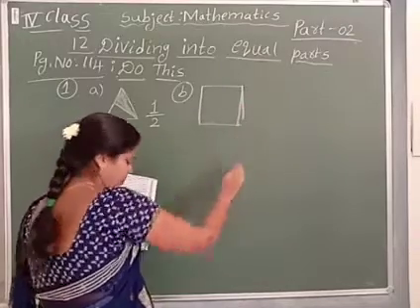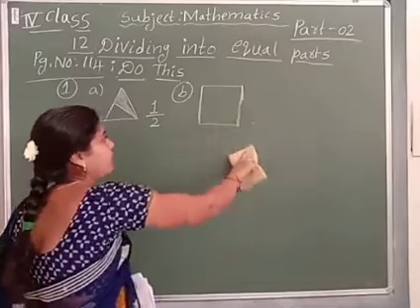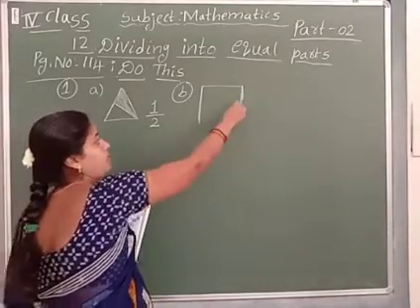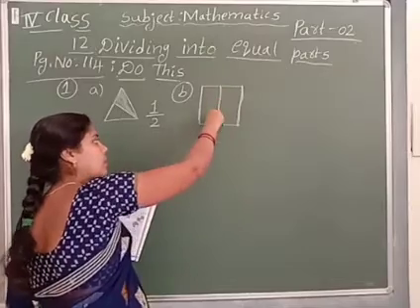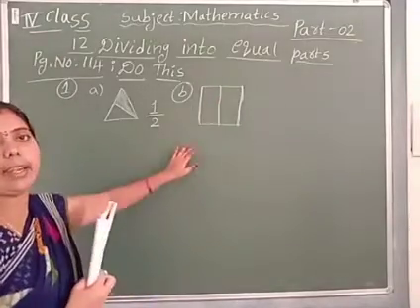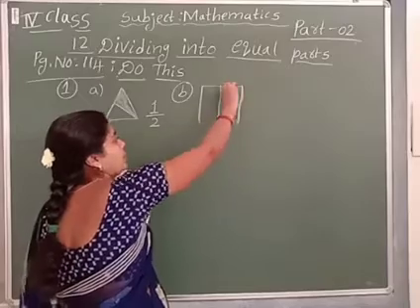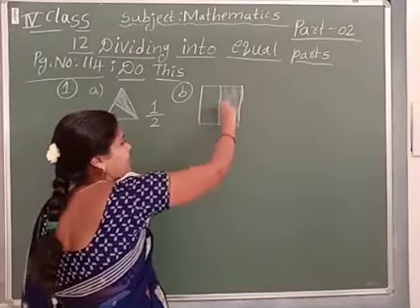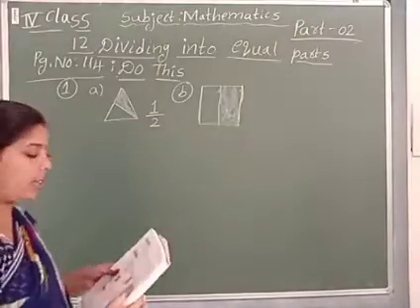Square shape, no? Yes or no? Square shape. How many parts is it divided into? 2 parts. Here 1 part is shaded, like this. So 1/2.